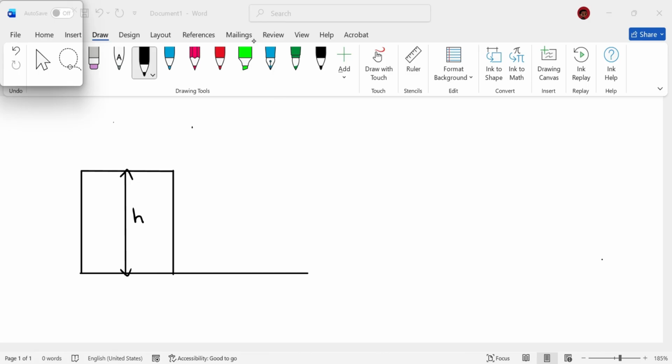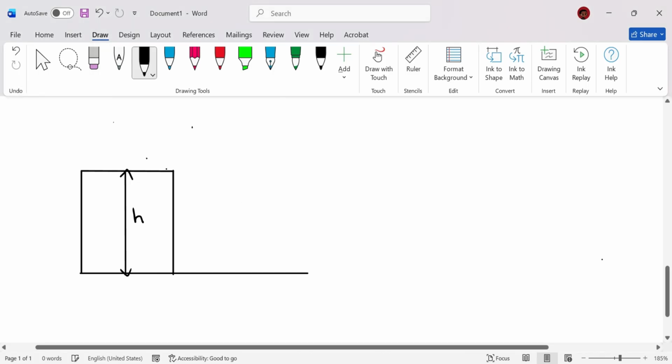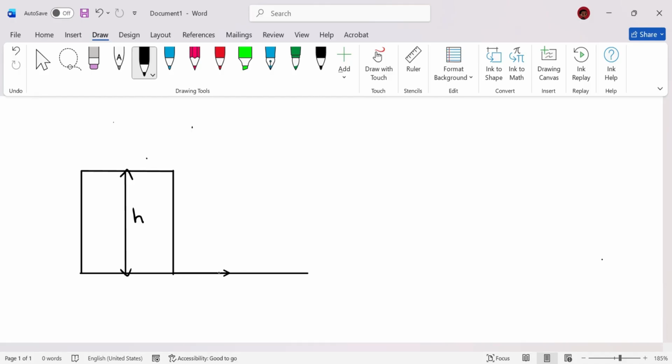Since the building has an unknown height H, this building is from the ground, which is this point here. Okay, so this is the ground. Let's assume that I have a ball here.